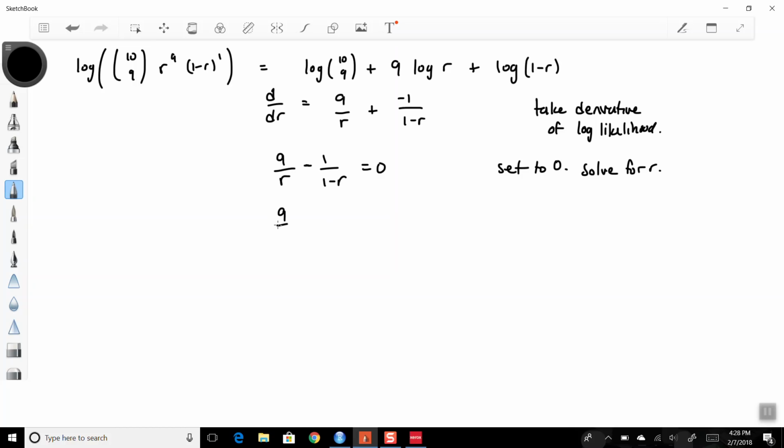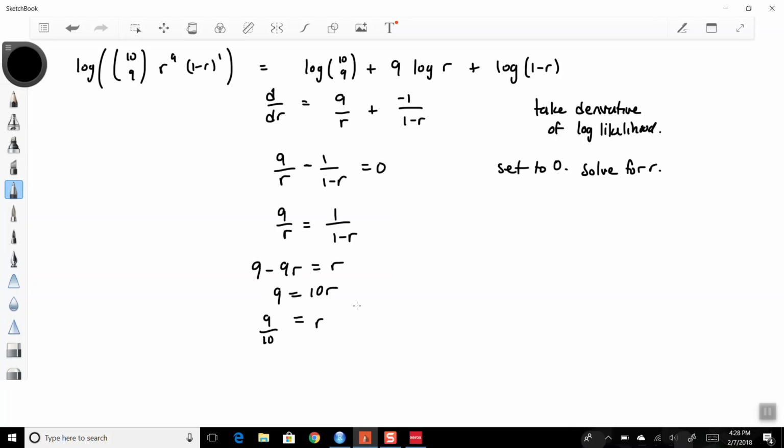Okay, we get 9 over r is equal to 1 over 1 minus r. And then, what am I doing here? Why am I struggling? Minus 9r is equal to r, and then I get 9 is equal to 10r, and I get 9 over 10 is equal to r.